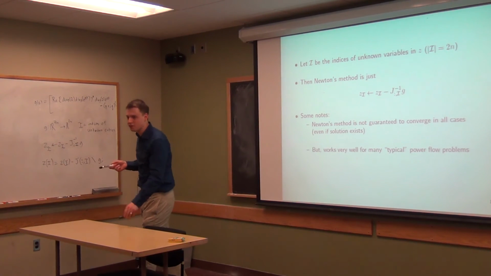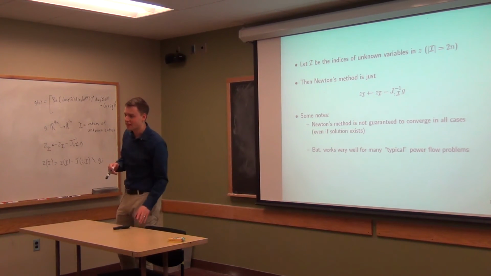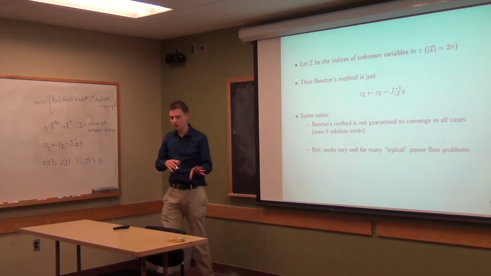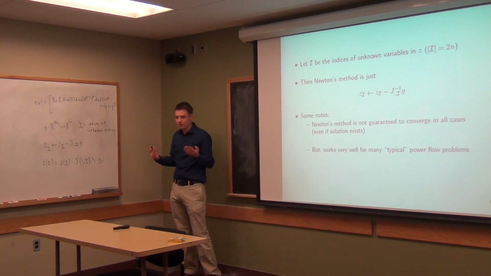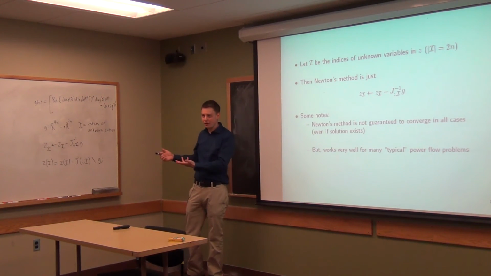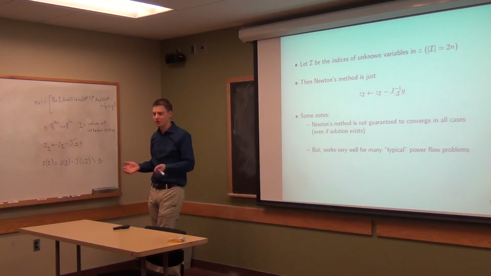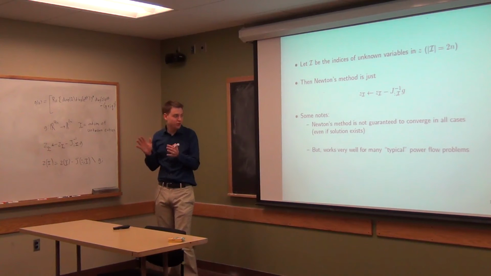What this corresponds to is saying that there's no way these generators at these voltages could actually provide power to these loads, which makes sense, right? If you just don't have enough power to supply all your loads, and your slack generator would be trying to pump out as much power as possible for everyone else, it's not surprising that you wouldn't be able to find a solution. So there are plenty of cases where you cannot find a solution.